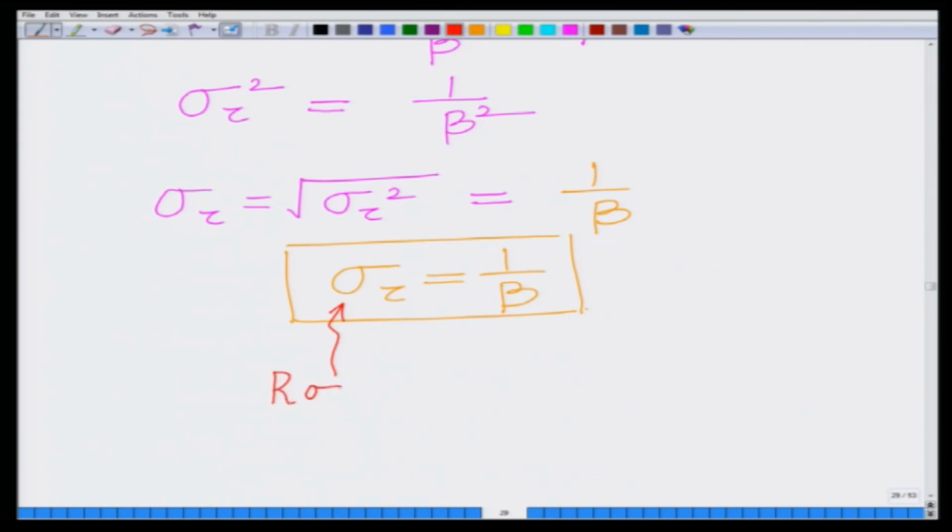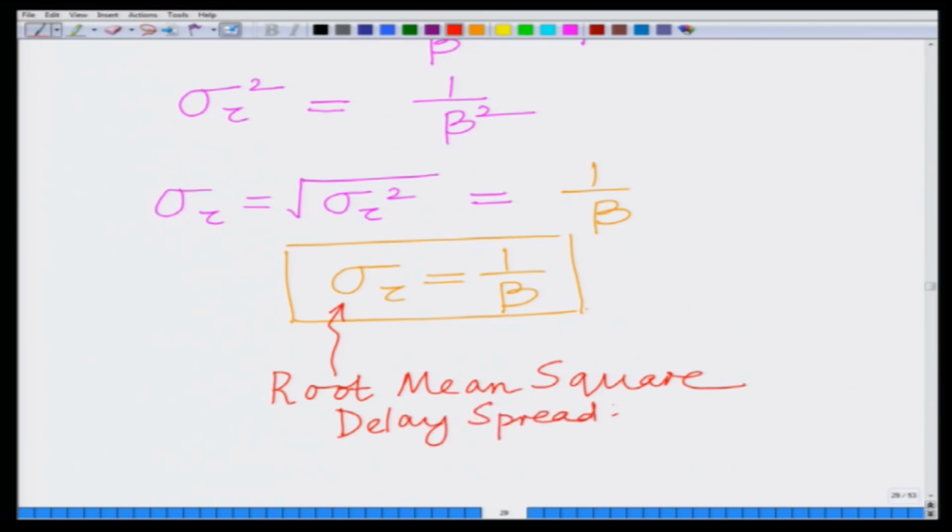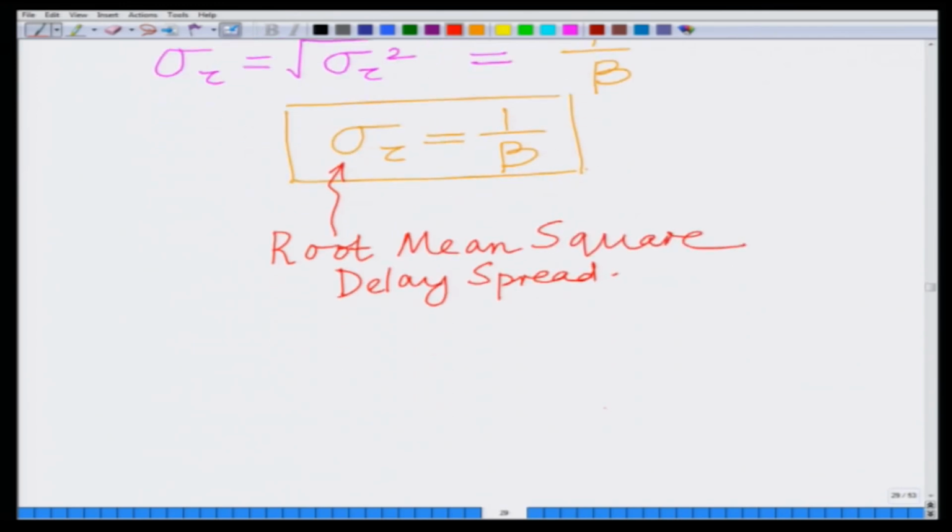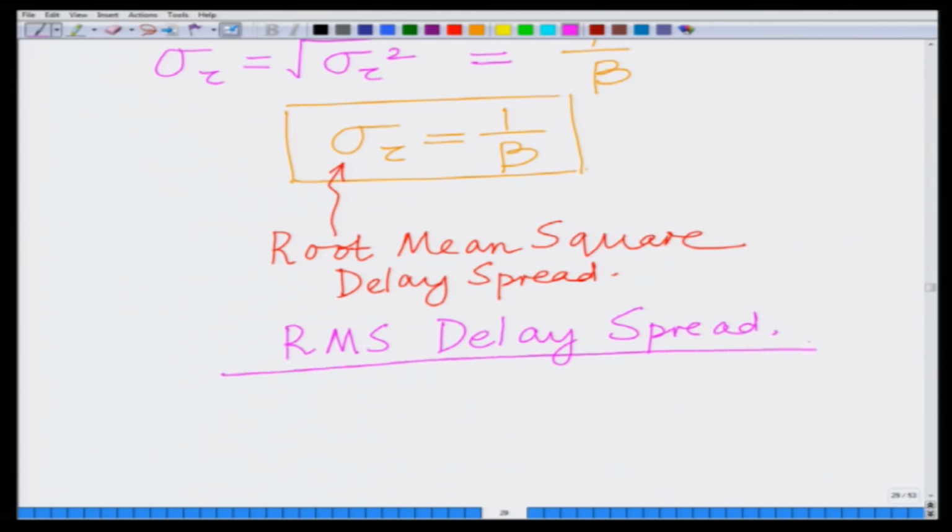This is known as the root mean square delay spread, or the RMS delay spread of the wireless channel, which is equal to 1 over beta.